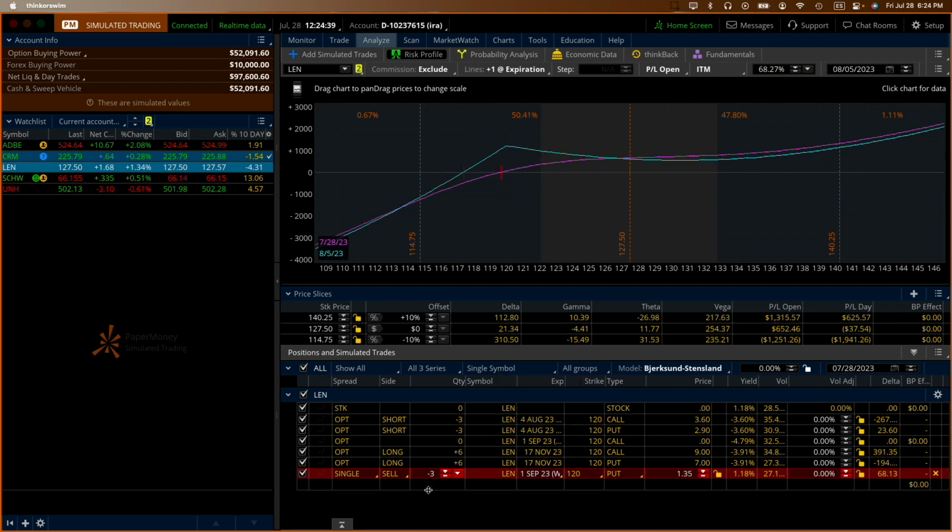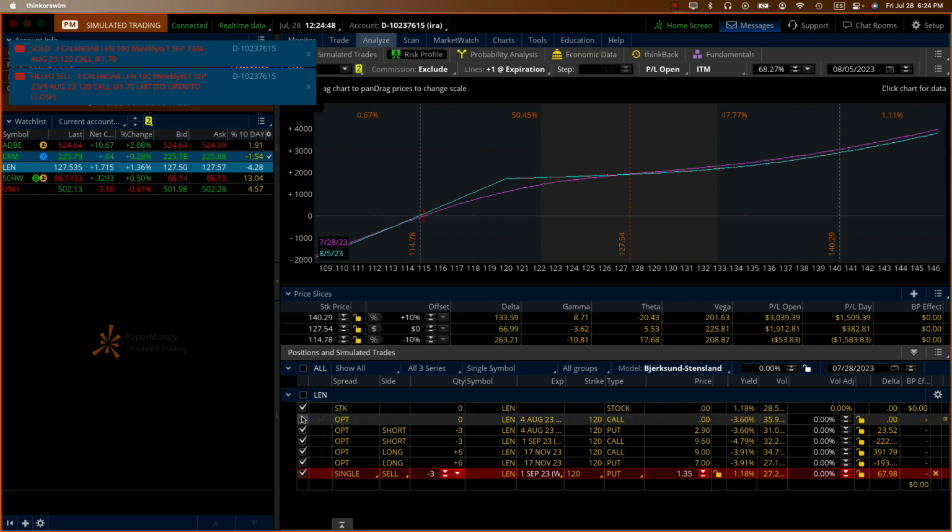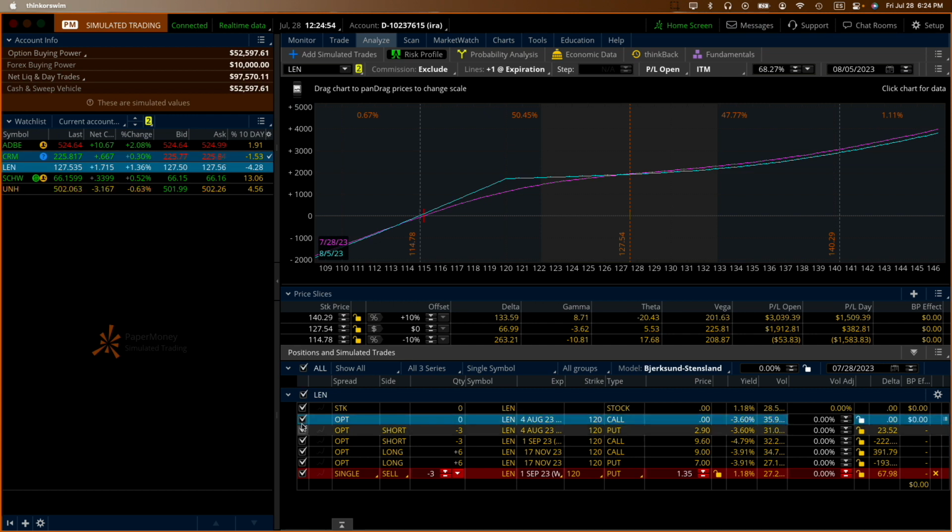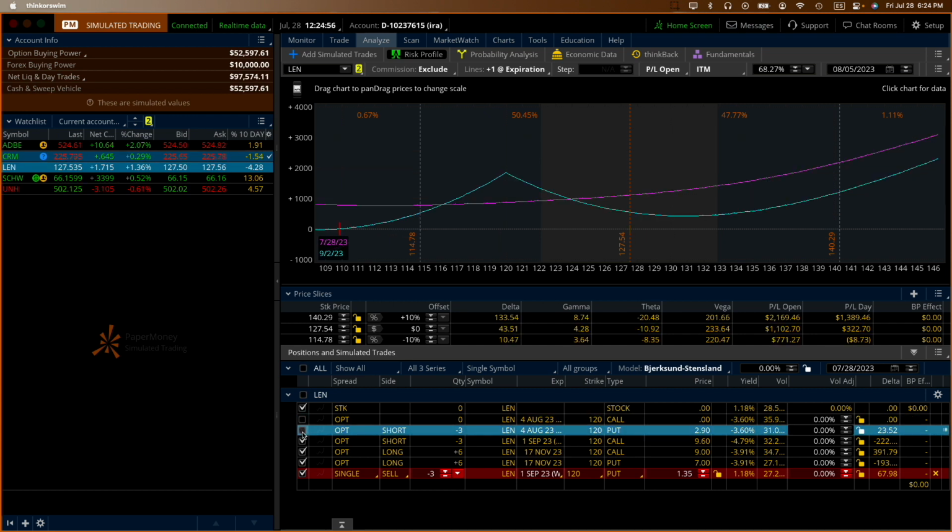Then hours later, if we do it on Friday, which we will, this one here will expire, and that just got filled. Good. So this put here would expire, and then we end up with a delta neutral Genie trade.